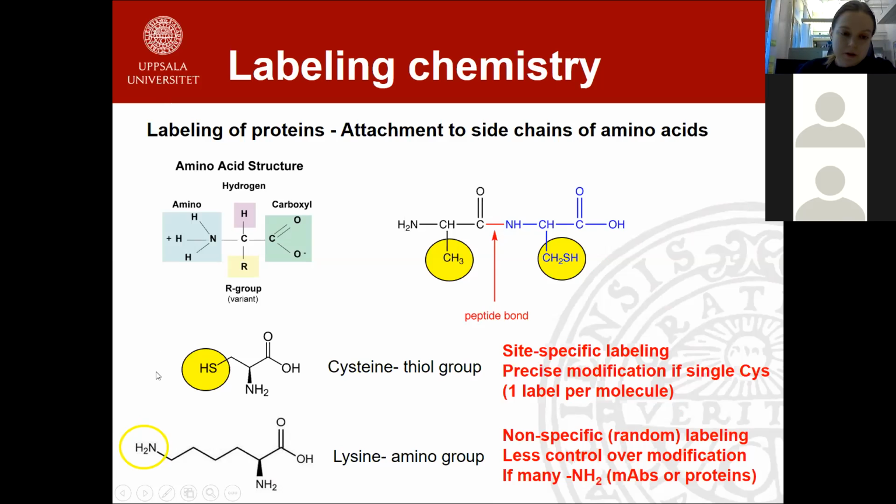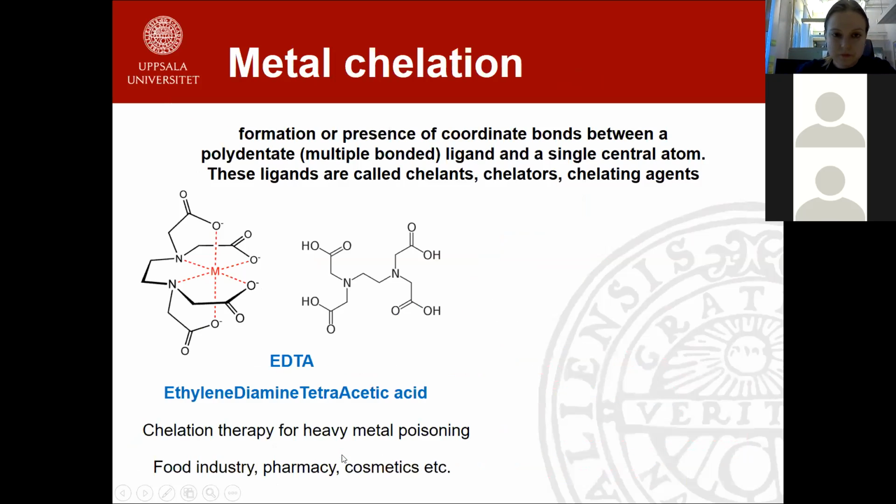So sometimes you have to use the amino-reactive chemistry. And now we can talk about the attachment of the radionuclide to our biomolecule. So we have to use chelators for attachment of metals. Do you remember, maybe from your pharmacy studies, do you remember about chelation?